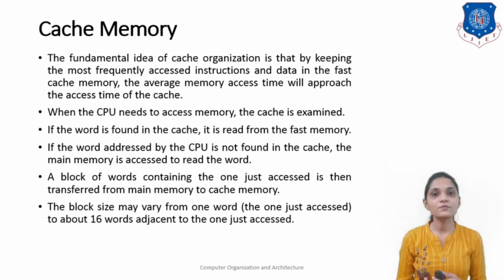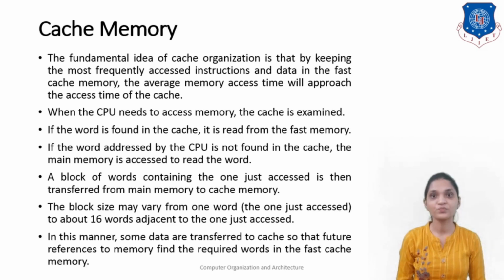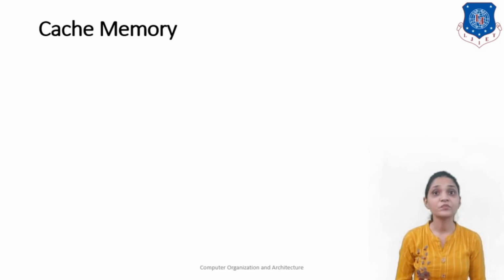The block size may vary from 1 word to about 16 words adjacent to the one just accessed. In this manner, some data are transferred to the cache so that future references to the memory find the required word in the cache memory.